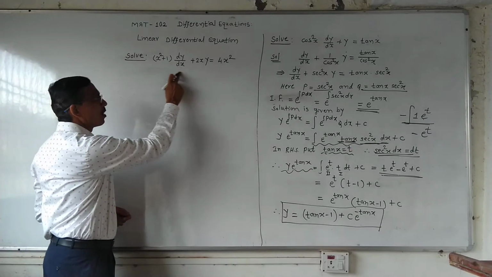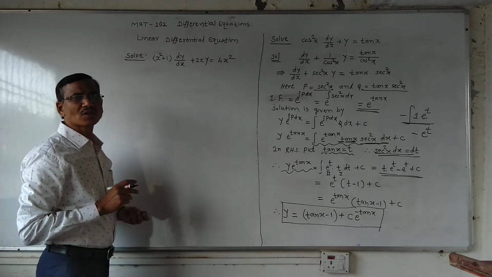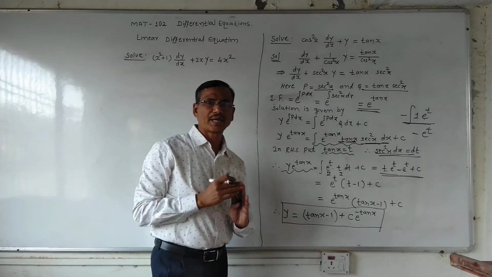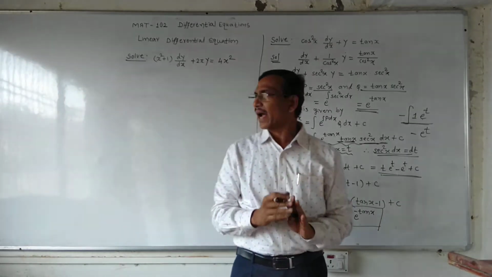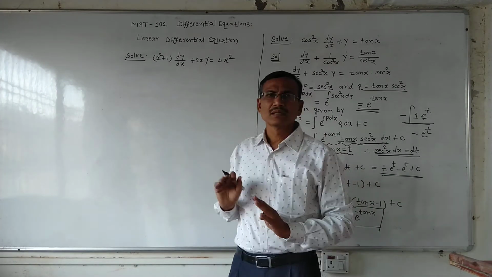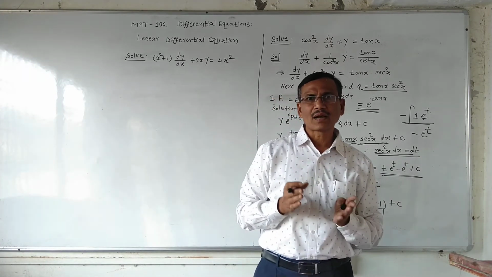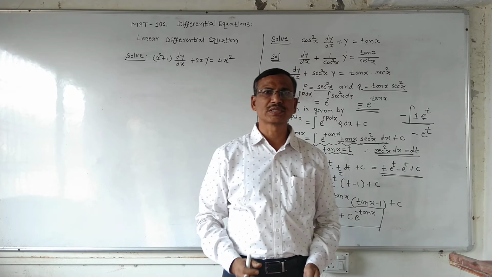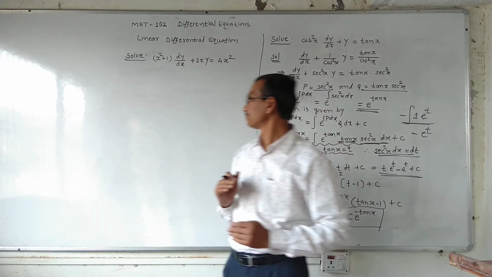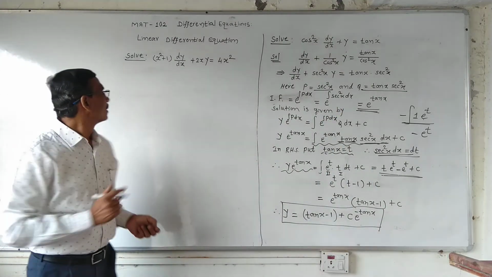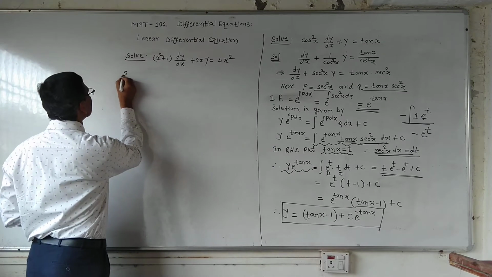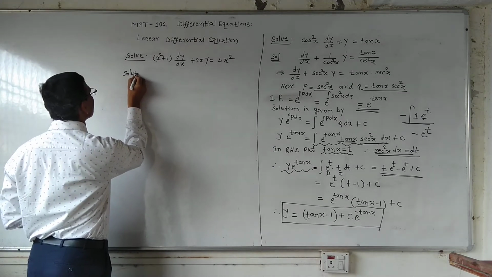Now we have to obtain the solution of this first order linear differential equation. At the time of solving this equation, I am telling you how to write the solution step by step. Solution. Listen only.